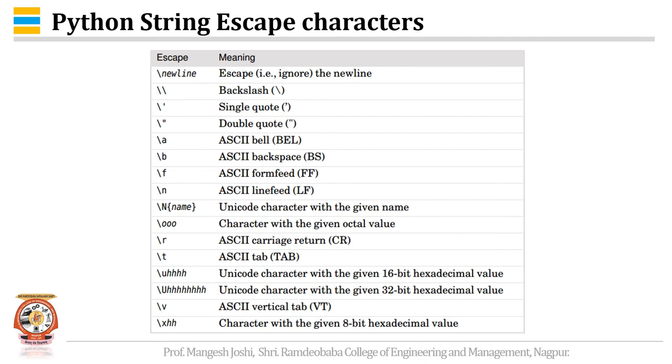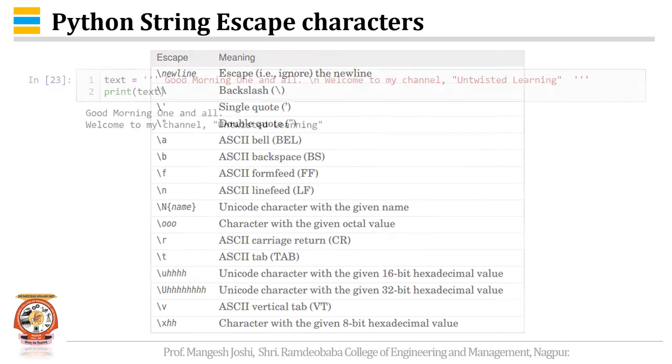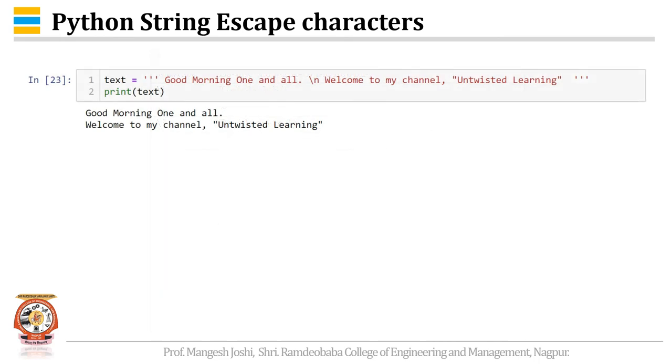We are having a demo of this now in Jupyter. Suppose I want to have this string: I have assigned the text variable with the string good morning one and all, welcome to my channel Untwisted Learning. If you observe, before the word welcome I have written the \n escape character.